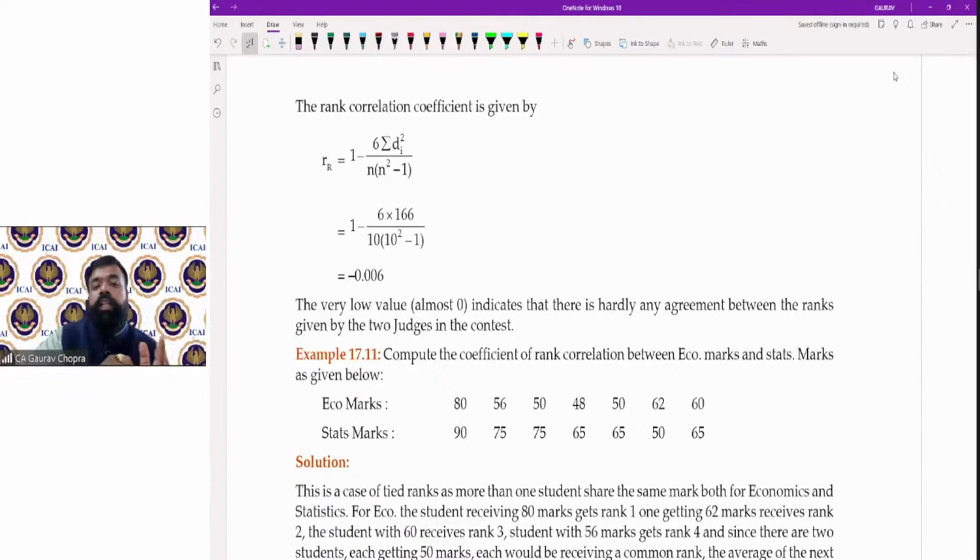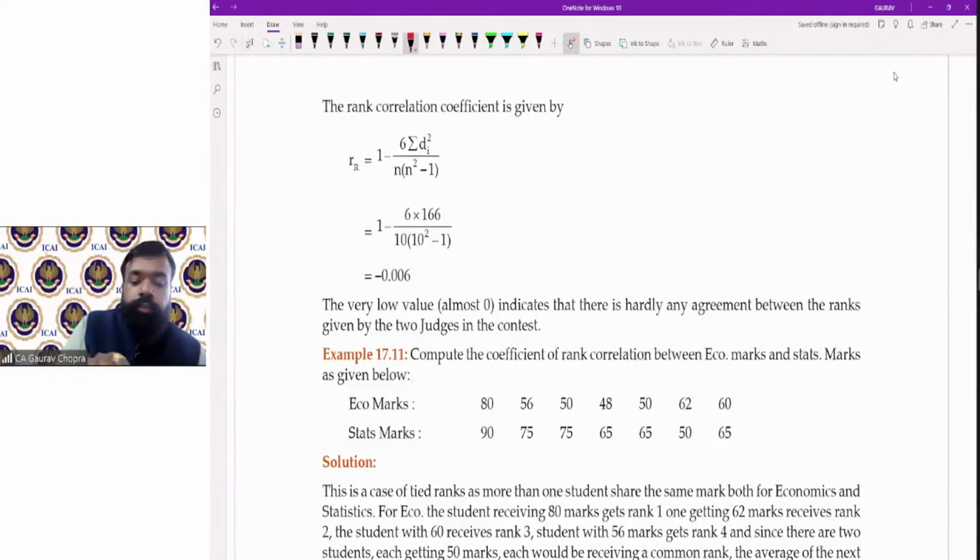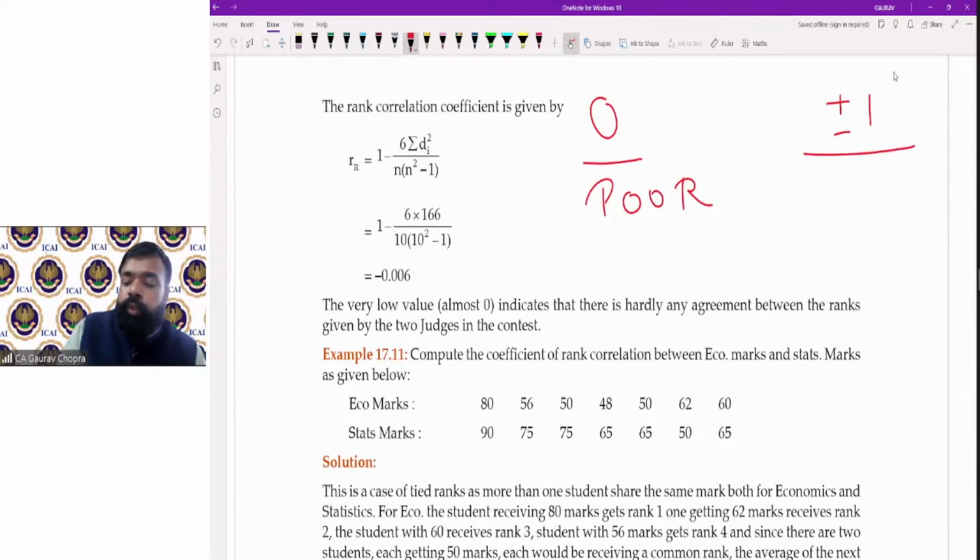And if value is near to 1, that means there is a strong correlation. The closer the value is to 1, the stronger the correlation. 1 here can be +1 or it can be -1. So if the value is near 0, it means poor, and near ±1 means strong.